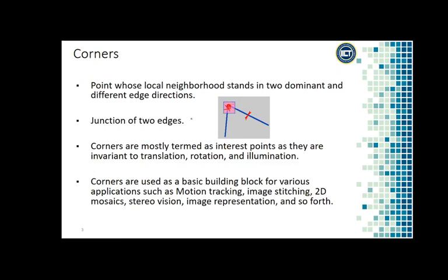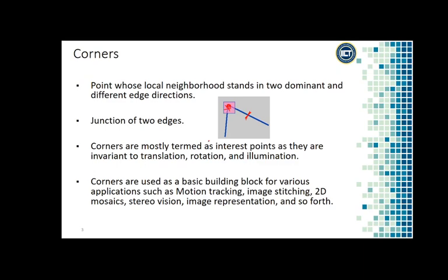It's a kind of junction of two edges, and corners can be used for multiple applications such as motion tracking or image stitching, 2D mosaics, stereo vision, image representation. It's quite helpful in implementing all those applications.